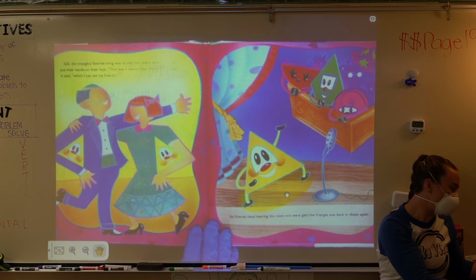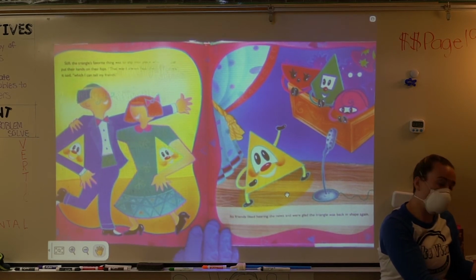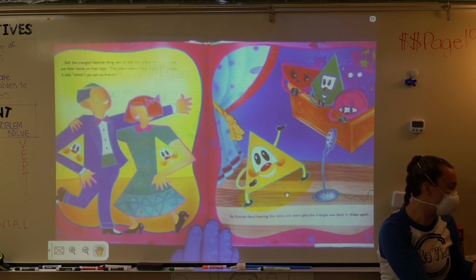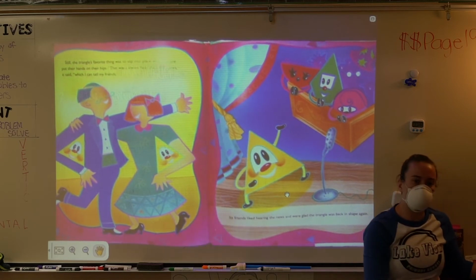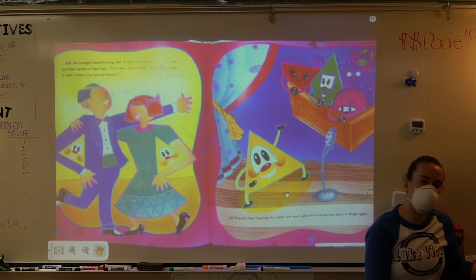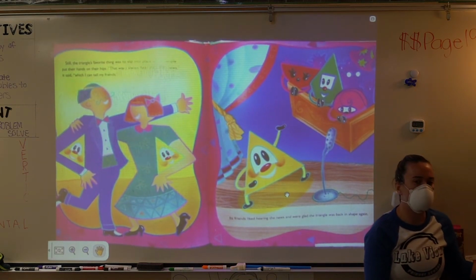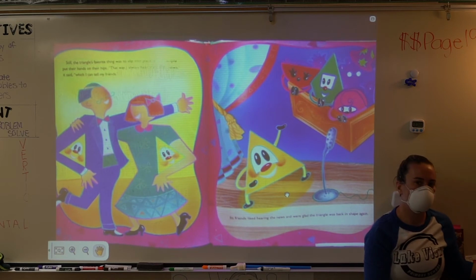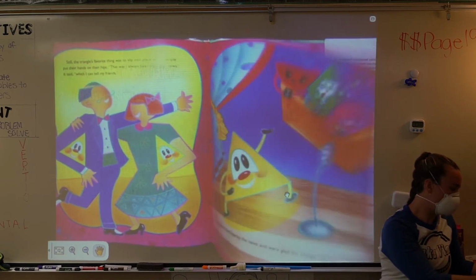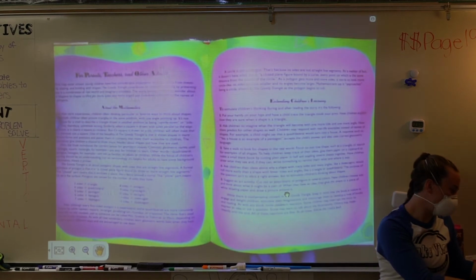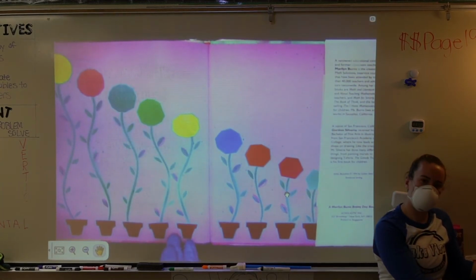Still, the triangle's favorite thing was to slip into place when people put their hands on their hips. "That way I can always hear the latest news," it said, "which I can tell my friends." Its friends liked hearing the news and were glad the triangle was back in shape again. The end.